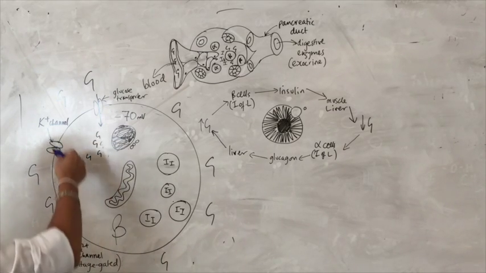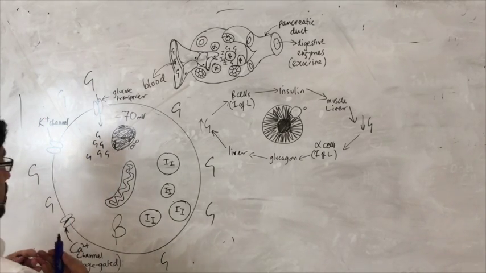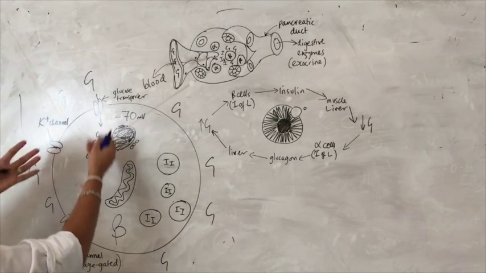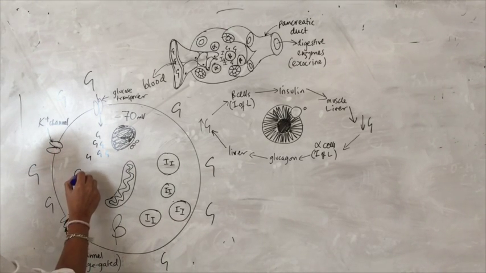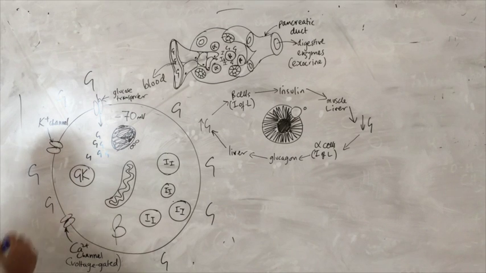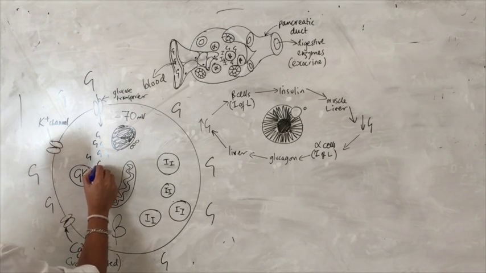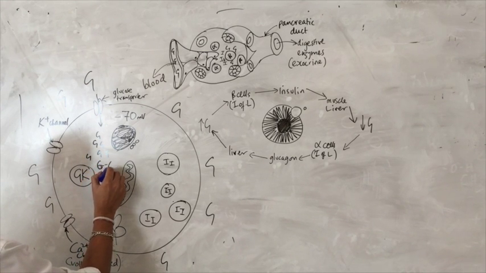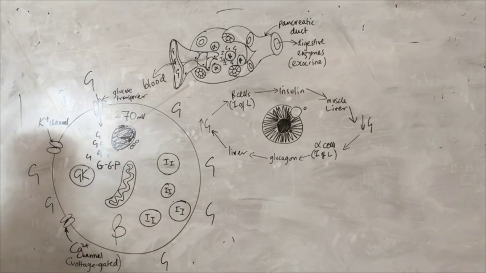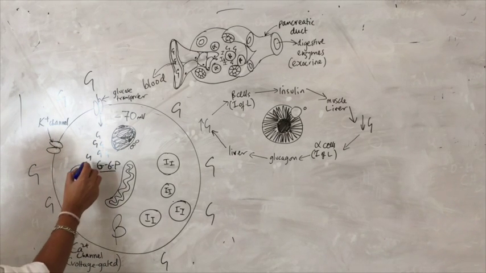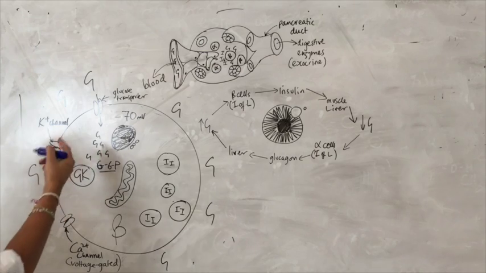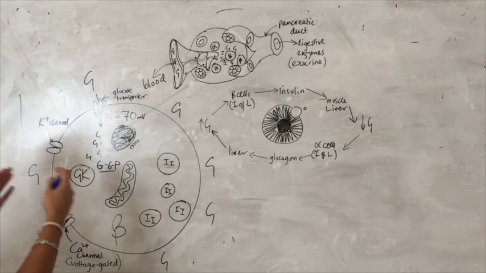Now glucose enters the cell, but what happens next is an important enzyme called glucokinase adds a phosphate group to the glucose, converting it to glucose 6-phosphate.